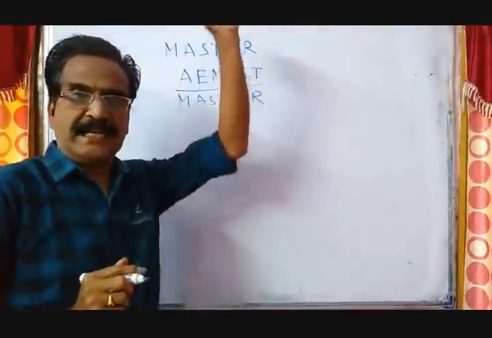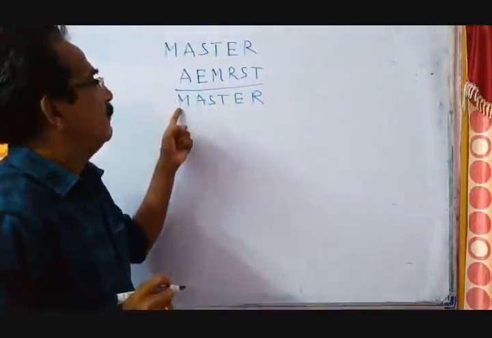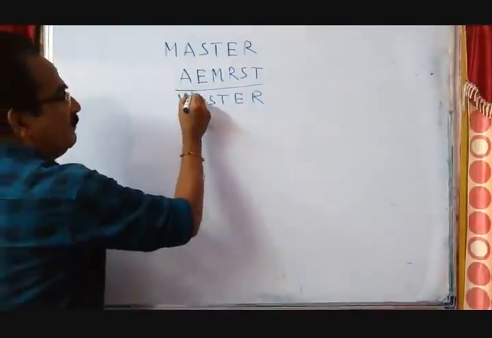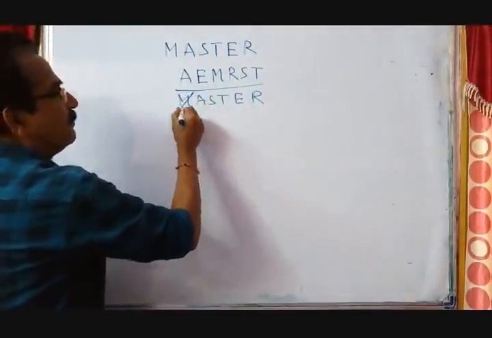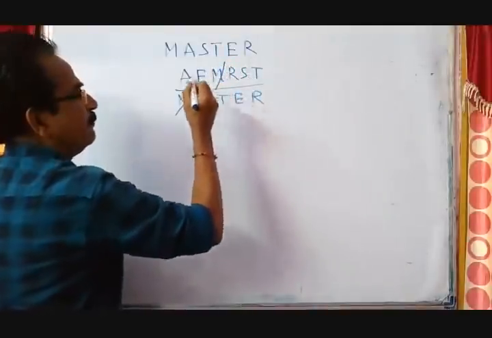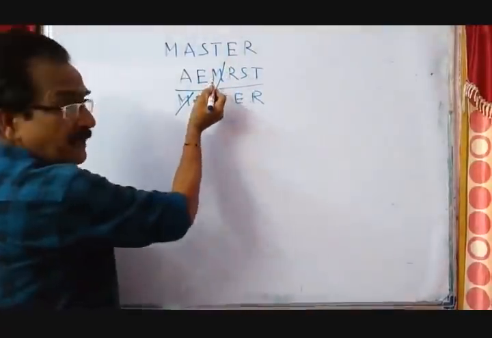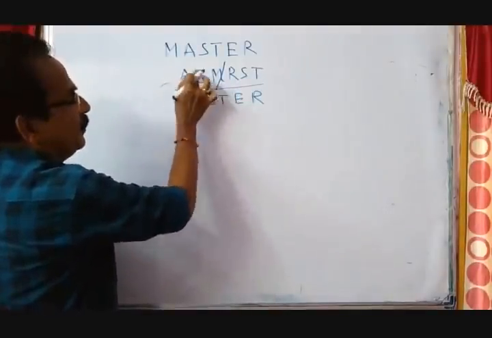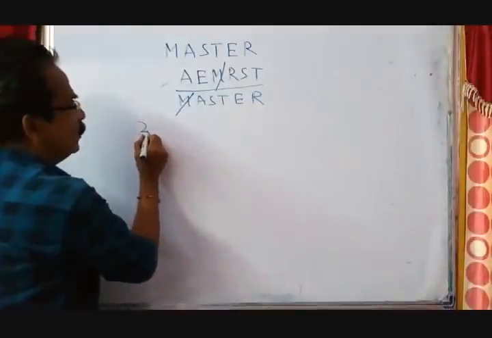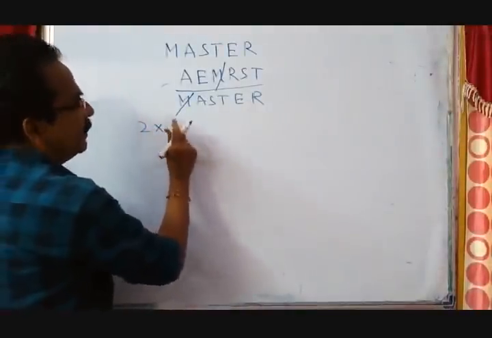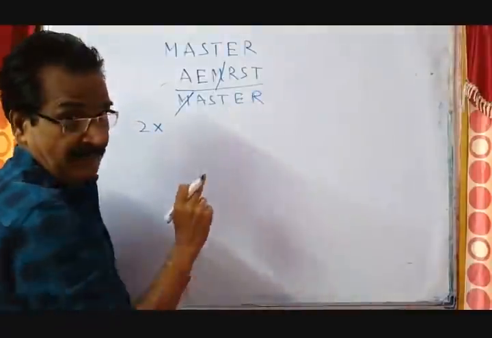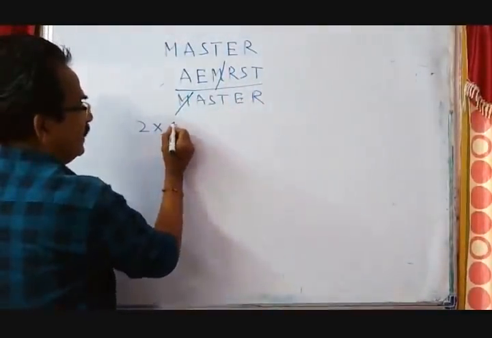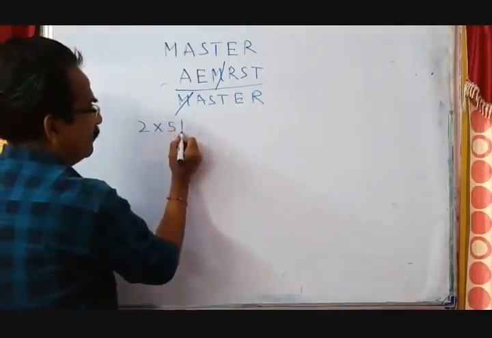Now you have to strike down all the letters starting from M. See, like this. First let us strike M. How many letters are remaining to the left side of this M? 2 letters are remaining, 2, multiplied by how many letters are there to the right of this letter M? 5 letters are there, that is 5 factorial.